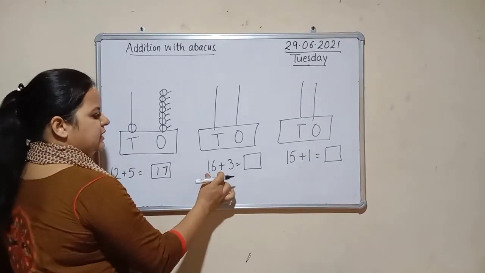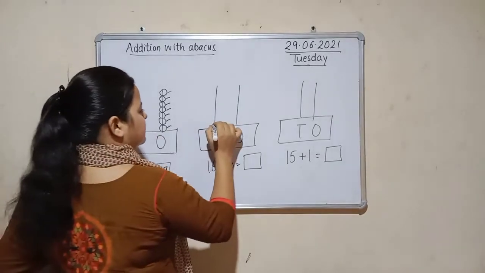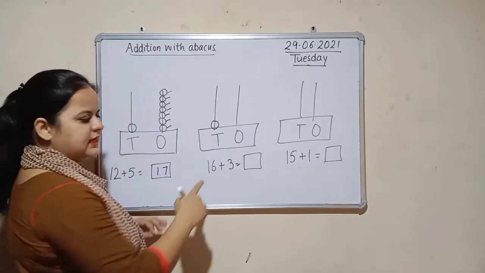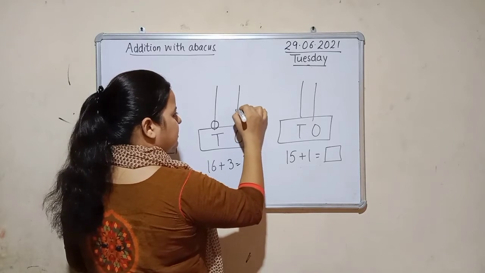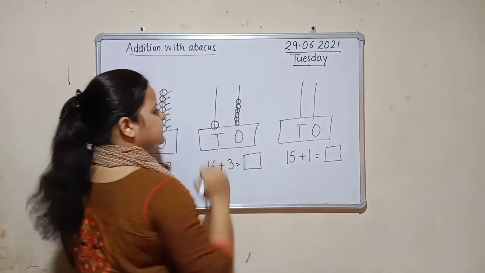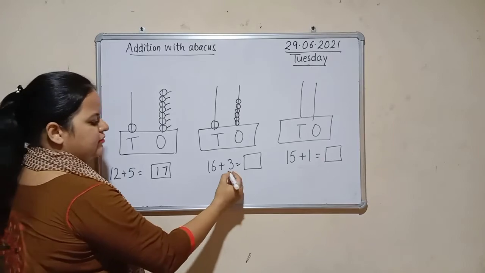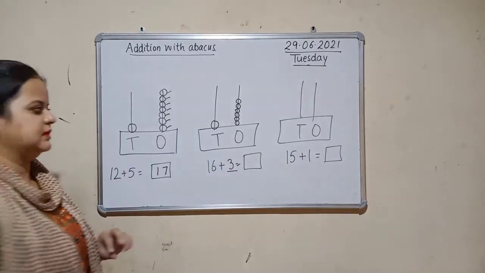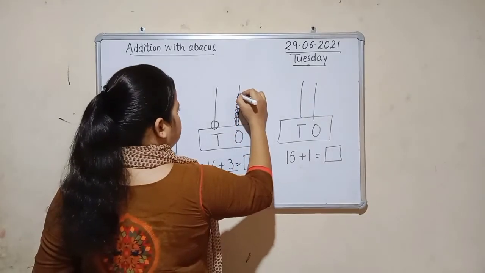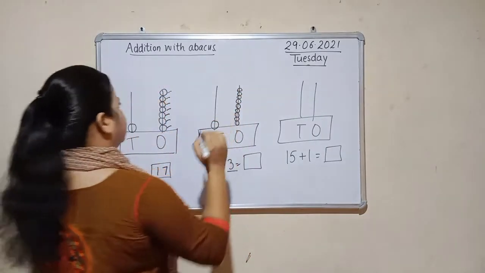First of all, we will make 16 on the abacus, 1 on tens place and 6 on ones place. 1, 2, 3, 4, 5, 6. And again we will make 3 more on ones place. 1, 2, 3.